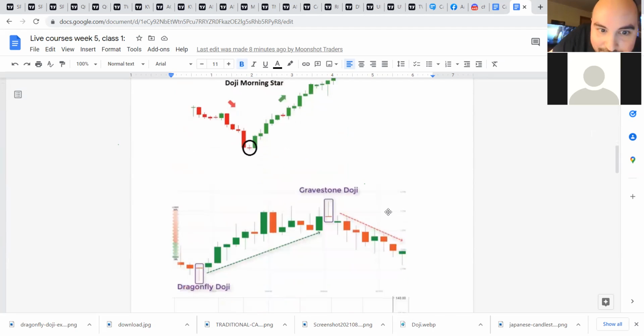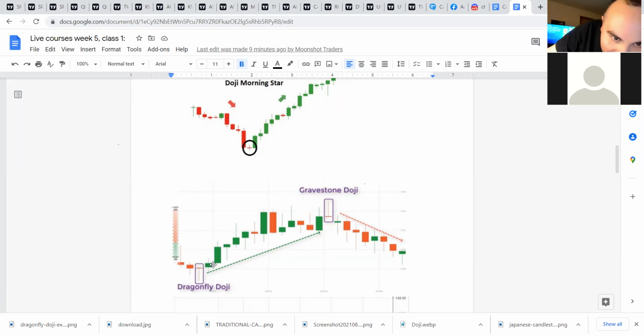Just remember that. I'm going to jump over Doji Morningstar so I can explain what I'm talking about. So here's your Dragonfly doji. It's at the end of a bearish move, as you can see. You're coming down here, it's a downtrend. And here you have your Dragonfly doji, which is a bullish indication.